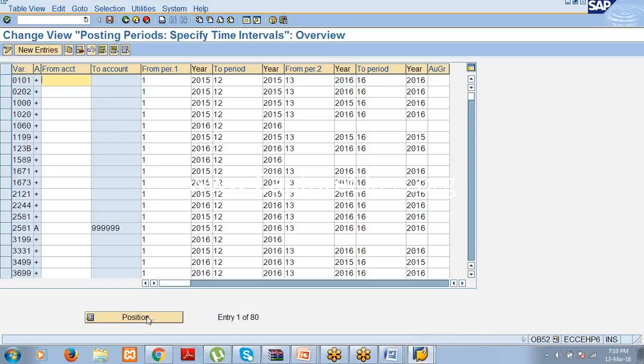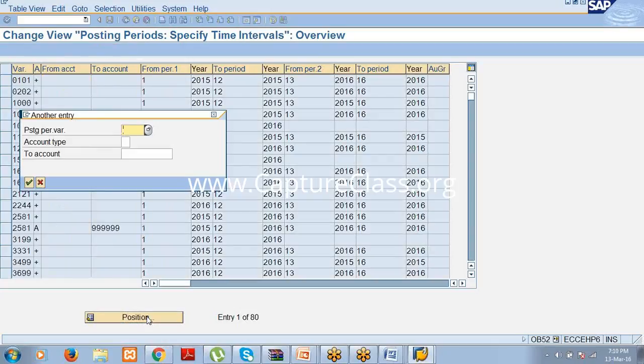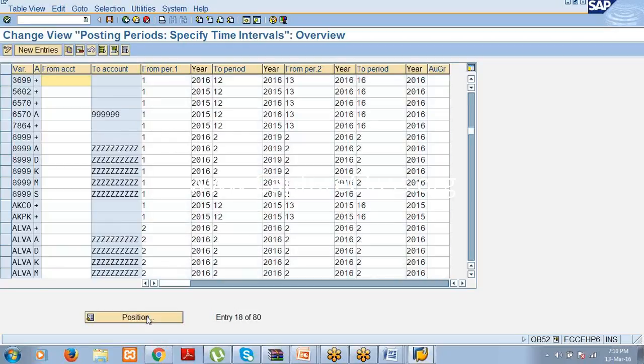Posting period variant is equal to 3699. Click on enter. Change the periods as required. Okay, clear, Giri? Yes, sir.